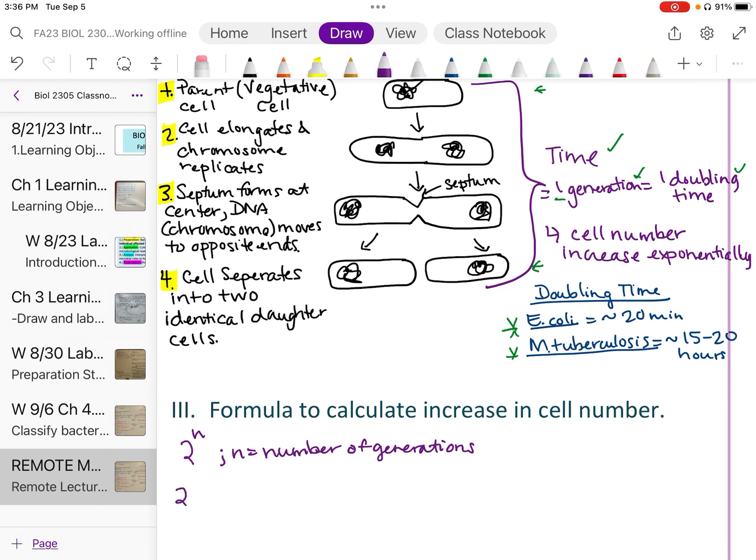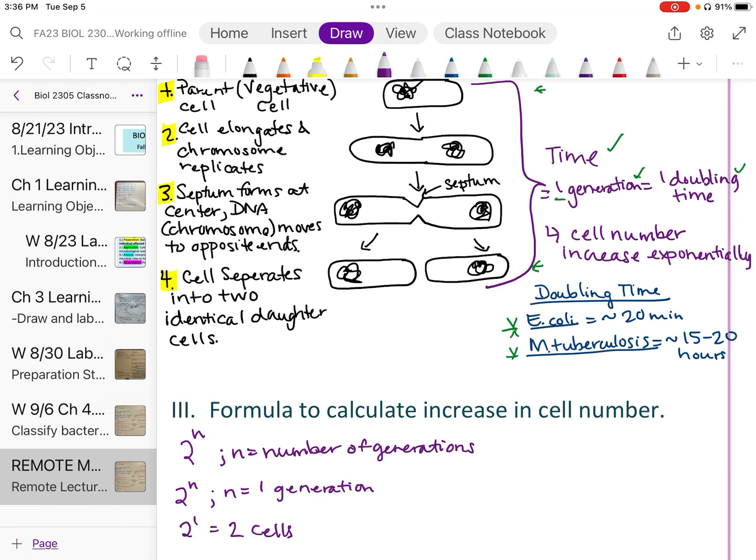It's going to be 2 to the n, where n equals 1 generation, because we're using the formula to calculate the increase in cell number with our example above. And then from this point, it would be 2 to the 1, which will equal 2 cells.